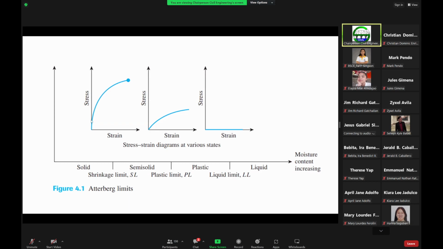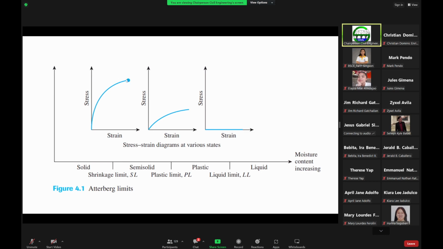For that soil material, you will need a higher stress. I hope you still recall your strength of materials. You need a higher stress for that soil to undergo a higher strain. So for your soil to have a strain like this, for example, it would need a stress something like this.